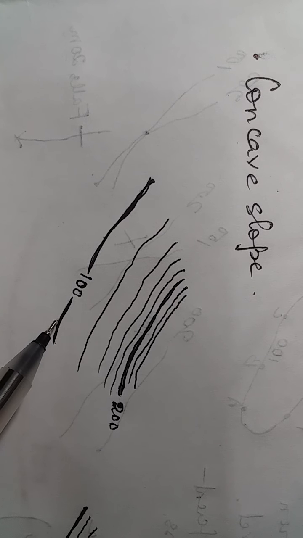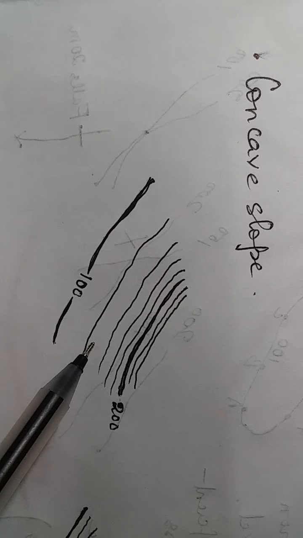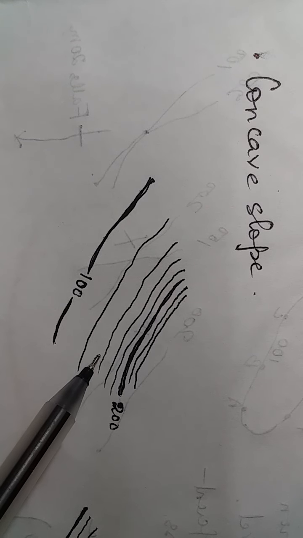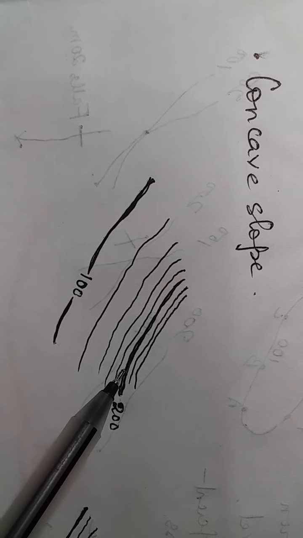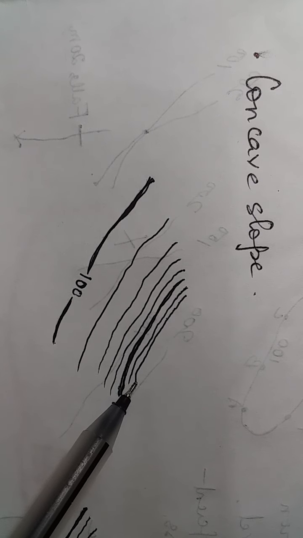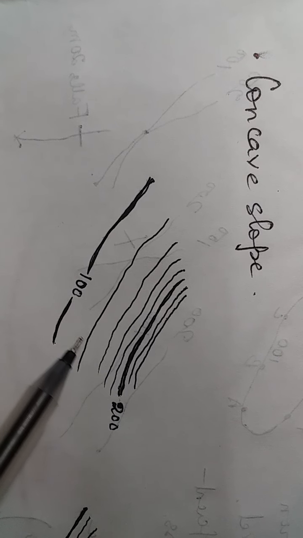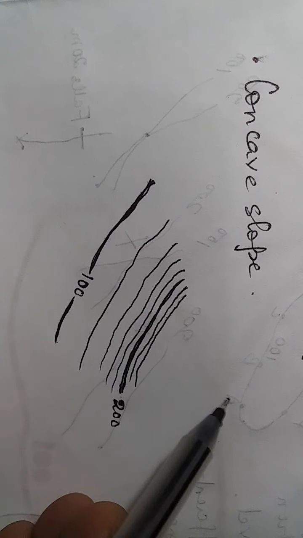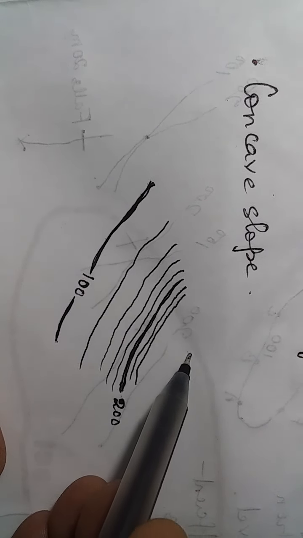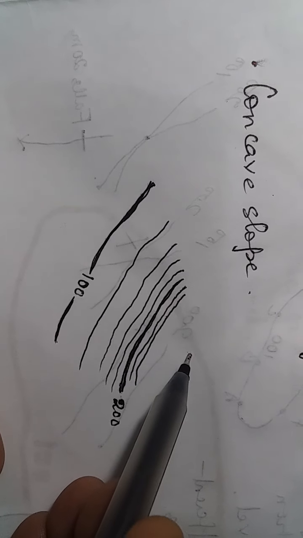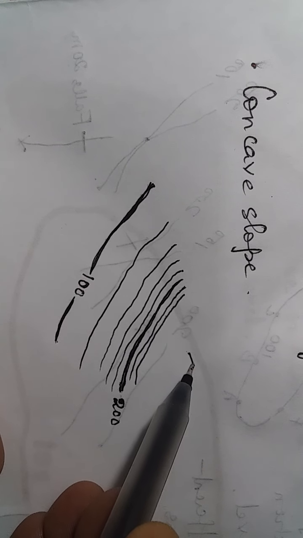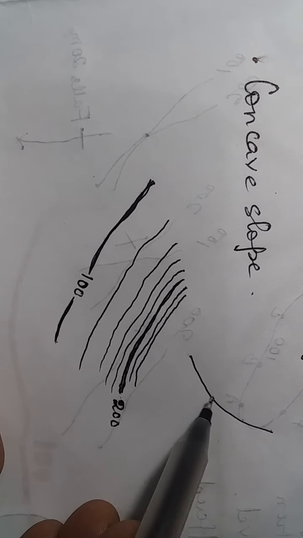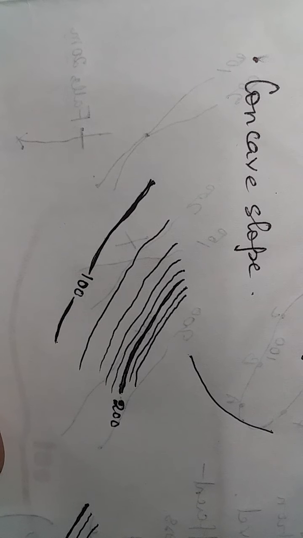You can clearly see that contour lines are widely spaced at the lower part but they come closer together towards the top, and this will indicate a concave slope. So it's a very common type of slope. I'm showing you the cross section here. First gentle, and then as you go higher up, it becomes steep. So this is what we call a concave slope.